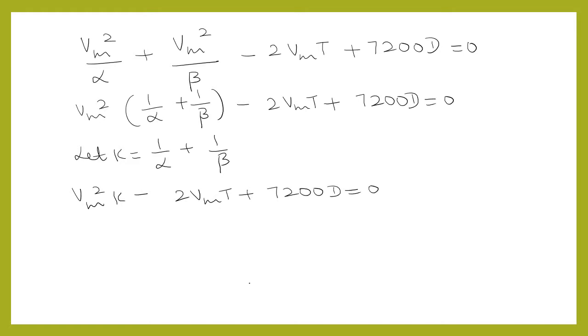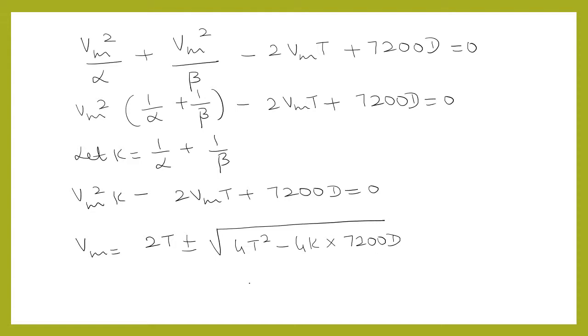So this is a quadratic equation and we get the roots Vm as 2t plus or minus square root of 4t square minus 4k into 7200 D, by 2k.